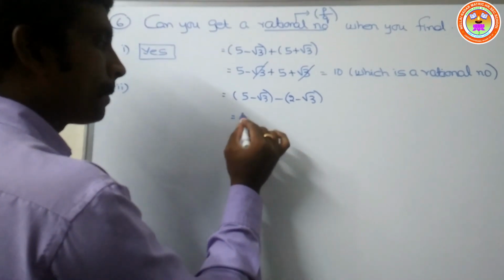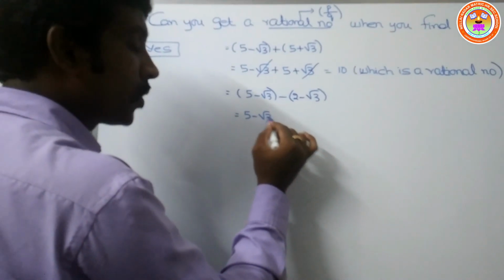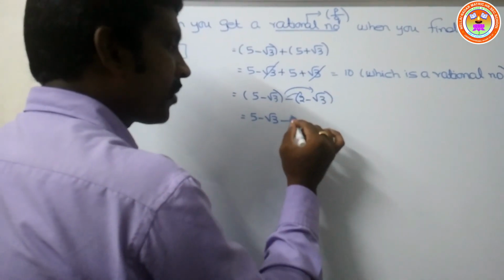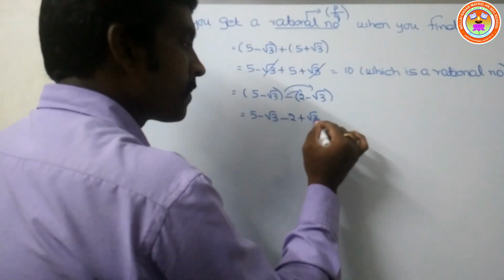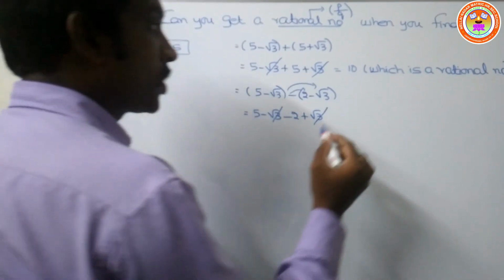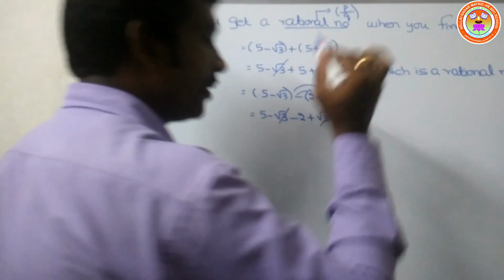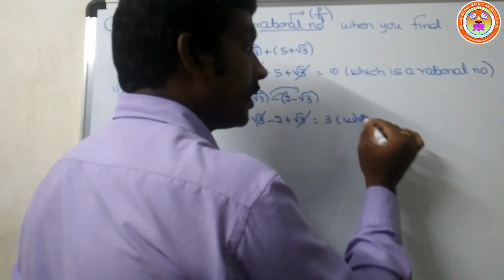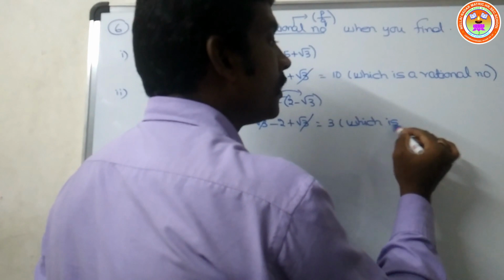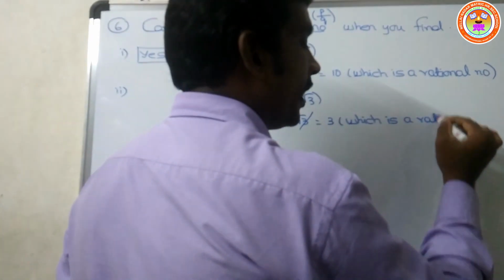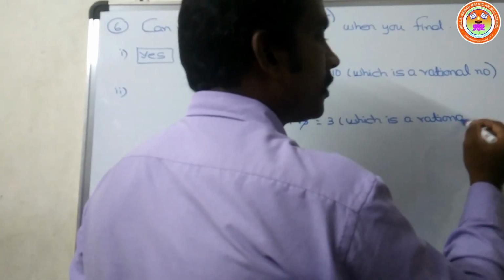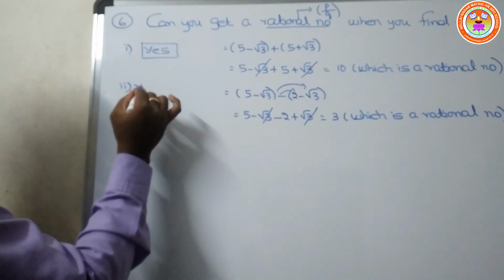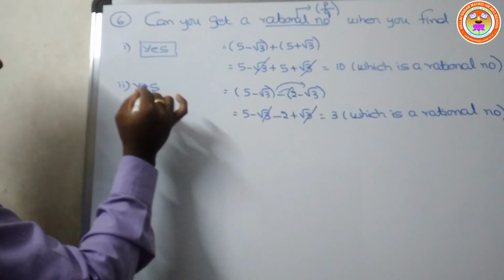So 5 minus root 3, minus inside multiplying, minus 2 plus root 3. 5 minus 2 is 3. 3 by 1, which is a rational number. So the answer is yes.